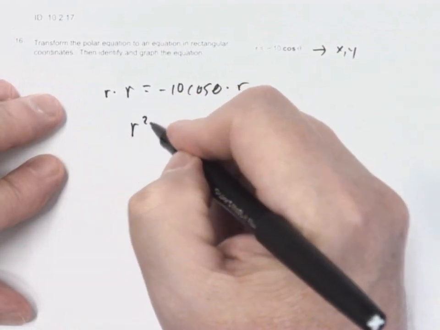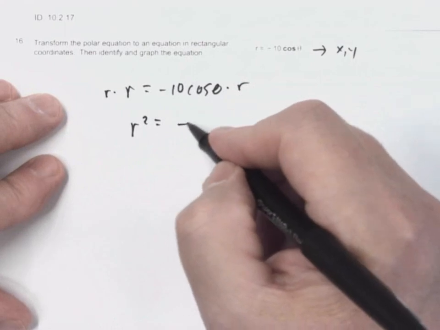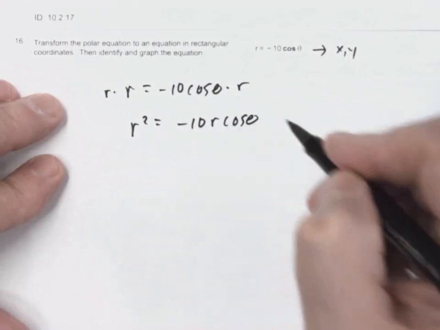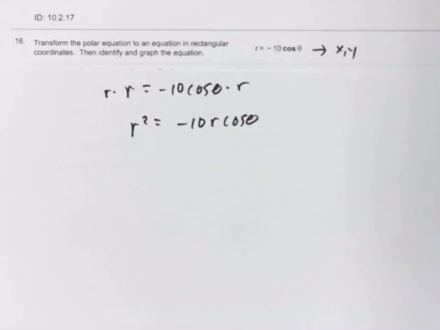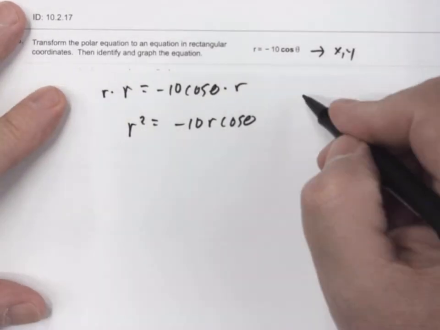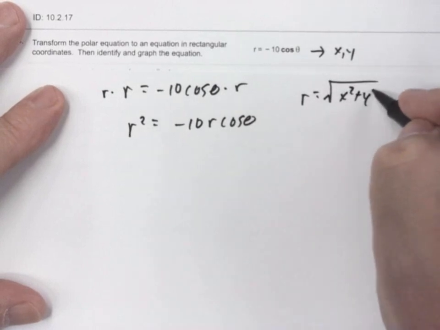So over here is r squared. I'll move the r in front of the cosine: minus 10r cosine of theta. But now, if you look at the formula sheet, you remember r is the square root of x squared plus y squared.